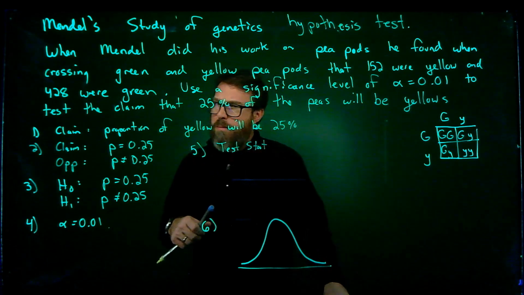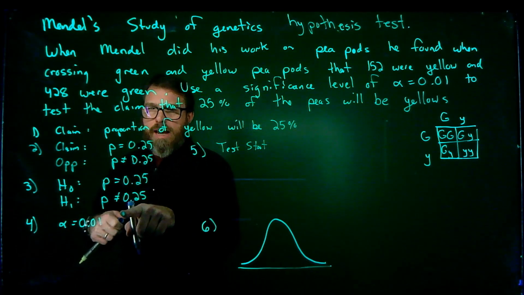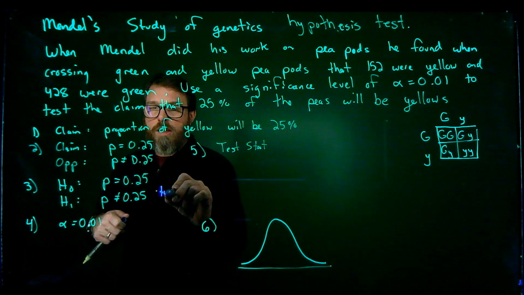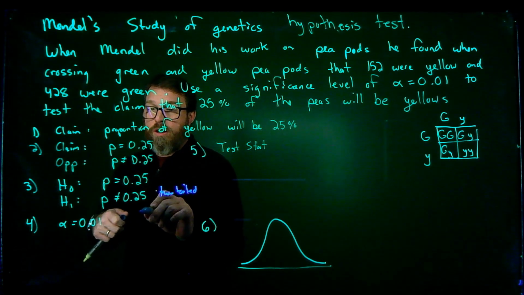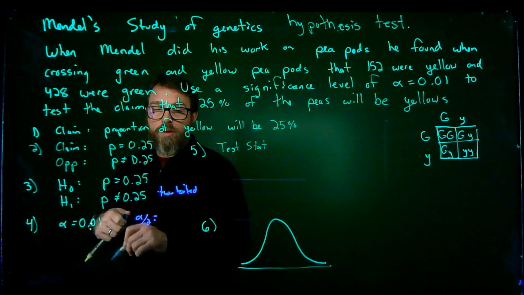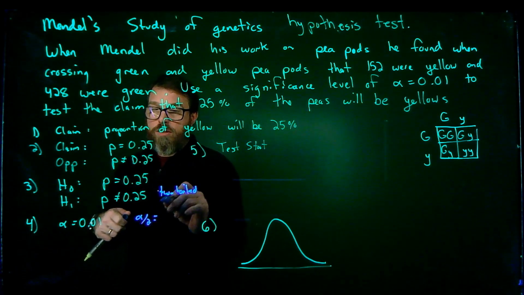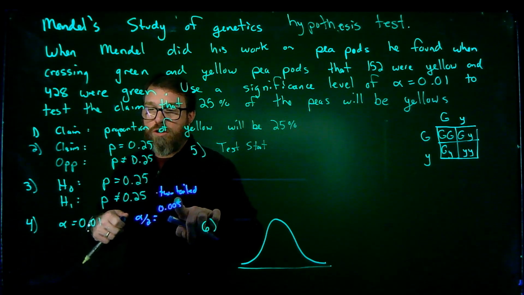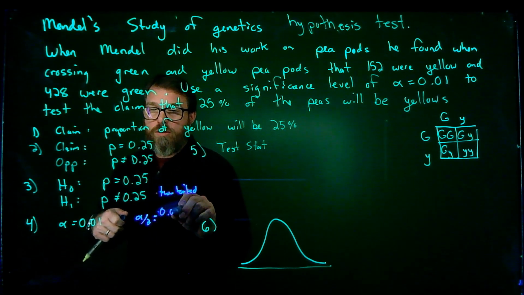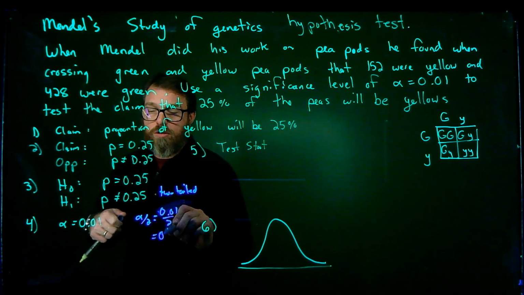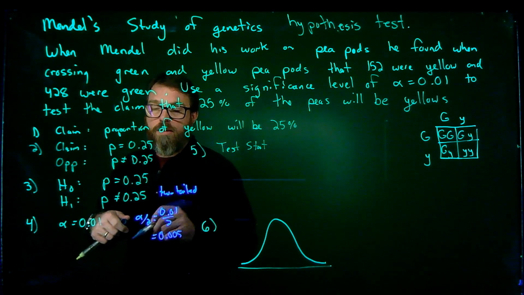Now, since our alternative has a not equals, we know that this is going to be two-tailed, which means we're going to use alpha over 2 for each one of these tails. So 0.01 divided by 2 is going to be equal to 0.005.